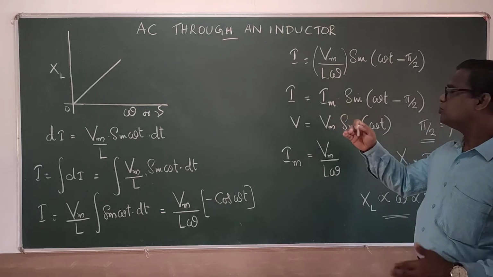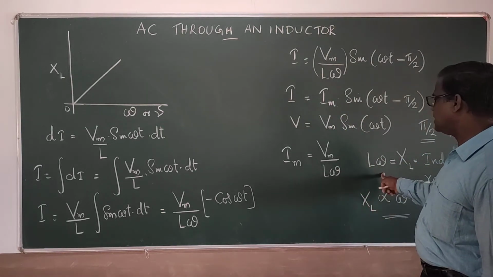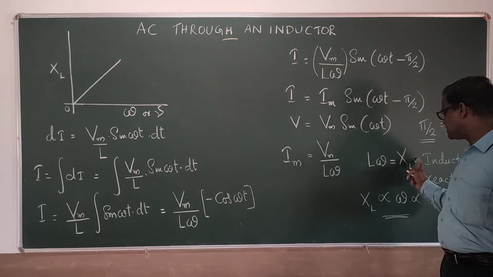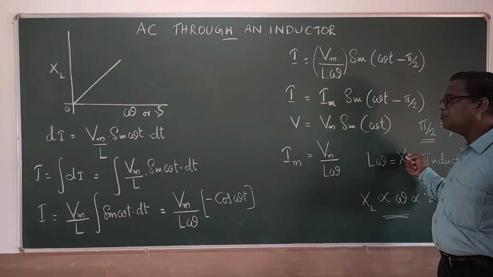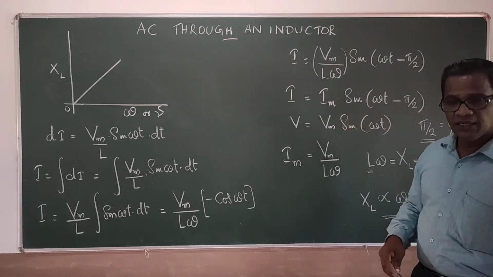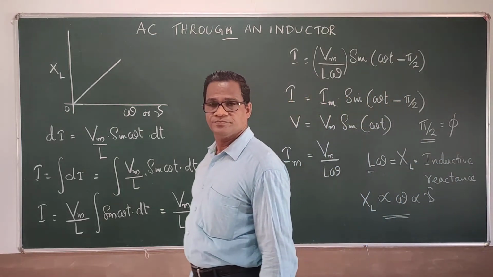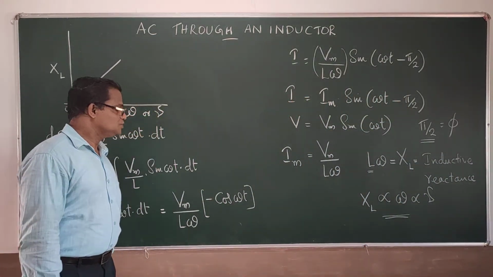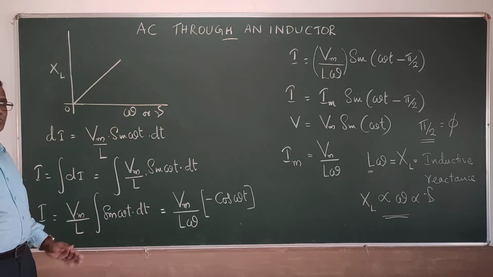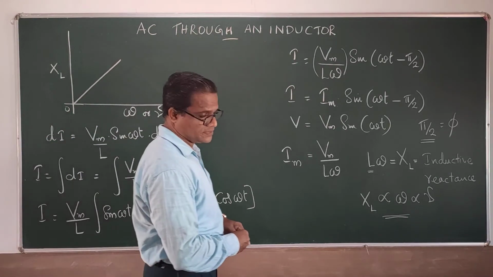If you find the slope, taking L omega equal to XL, so XL by omega, you get the slope as the inductance of the circuit. These are the main points relating to AC flowing through an inductor.